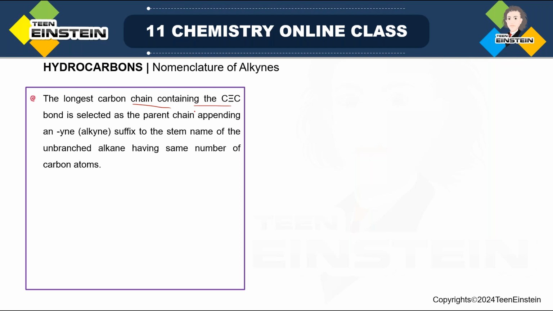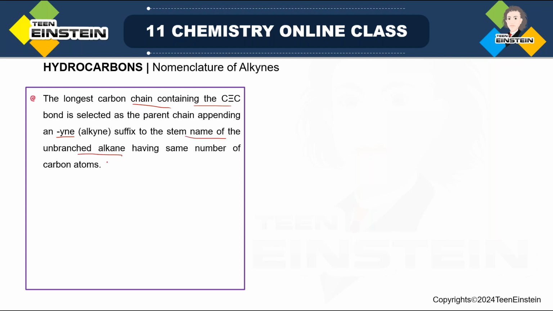Right now just think that in the molecule you do not have any other functional group, as if only the CC triple bond is present, and maybe some methyl or halo substituent can be there, but this is the main functional group. The longest carbon chain will be the one which contains this CC triple bond, and you have to end it with the suffix YNE, added to the stem name of the unbranched alkane.